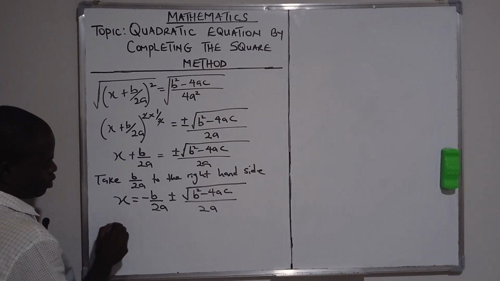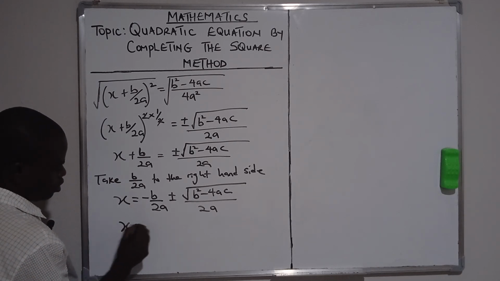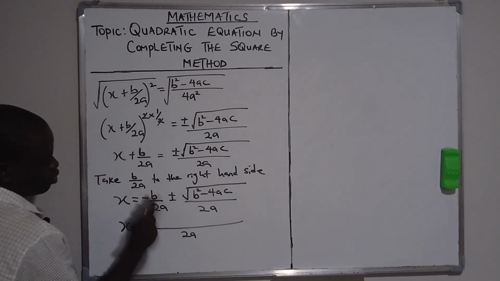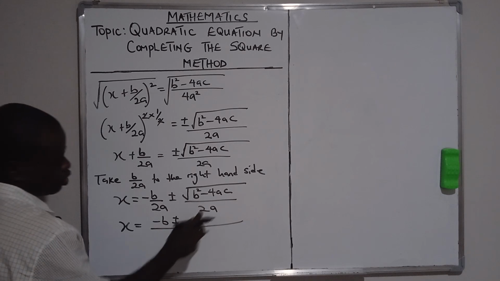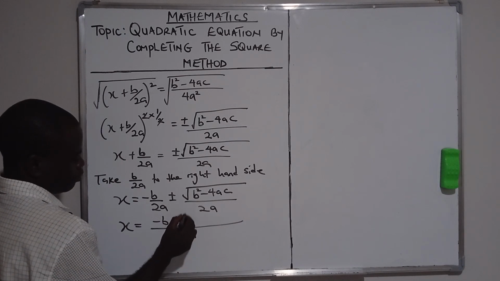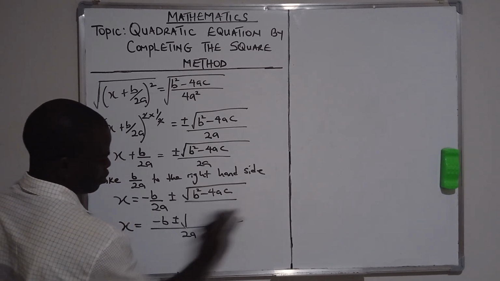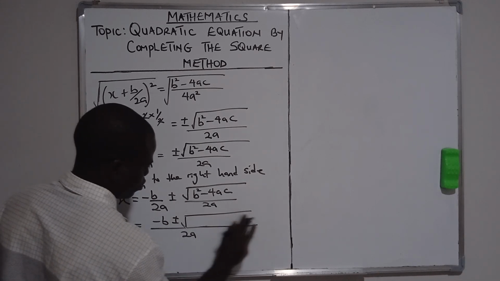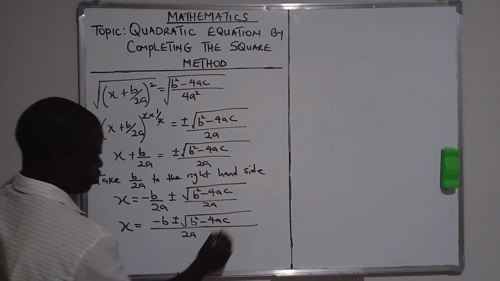Find the LCM. x equals, the LCM is 2a: minus b plus or minus the square root of b squared minus 4ac, over 2a.